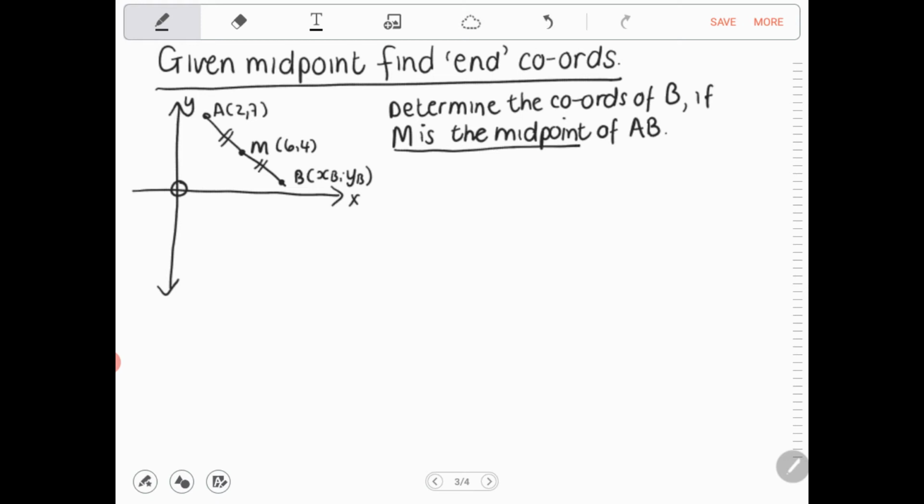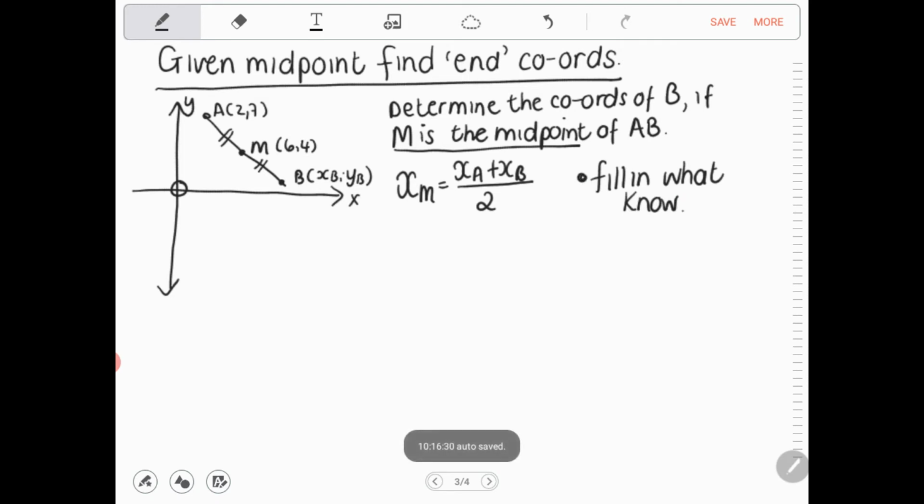All right, so we use that the x at M is equal to the x at A plus the x at B divided by 2. And then you fill in what you know. So what do we know? Well, we know that the x value at M is a 6.